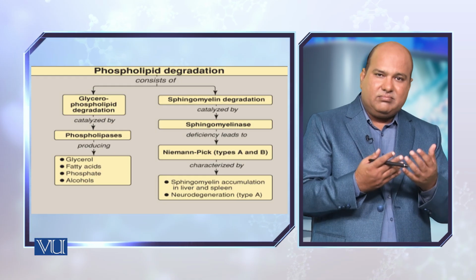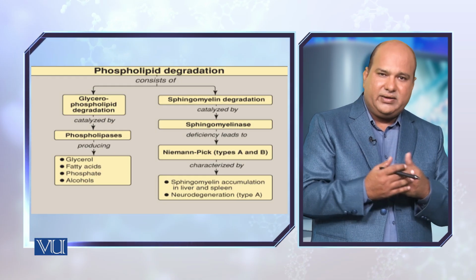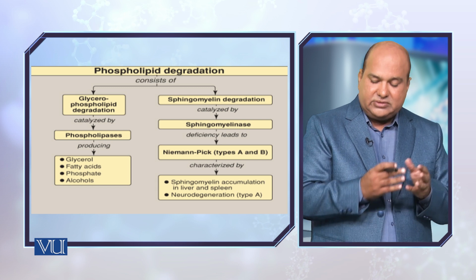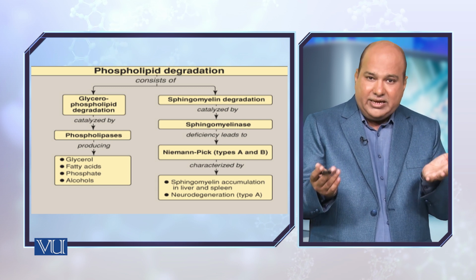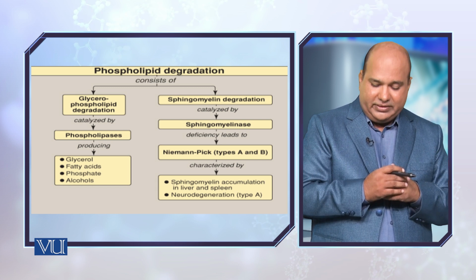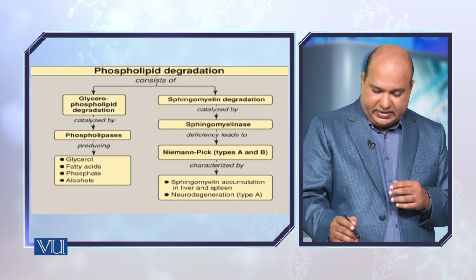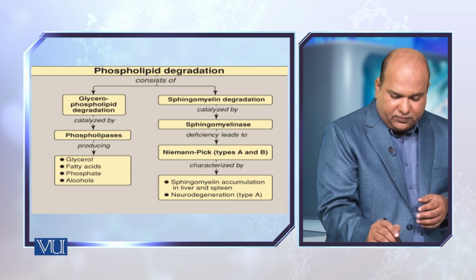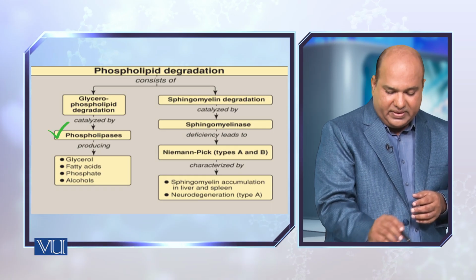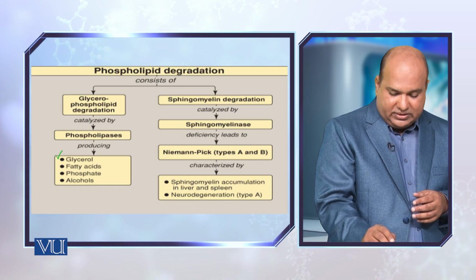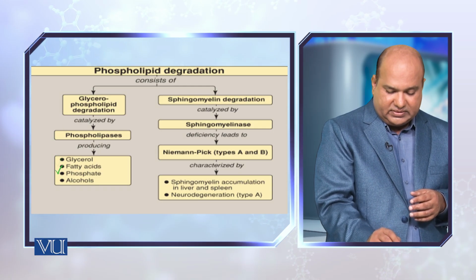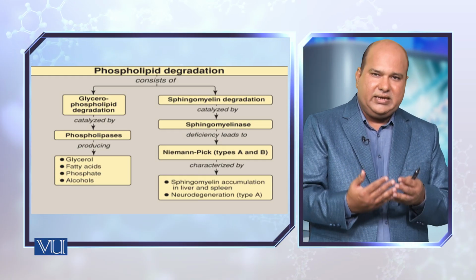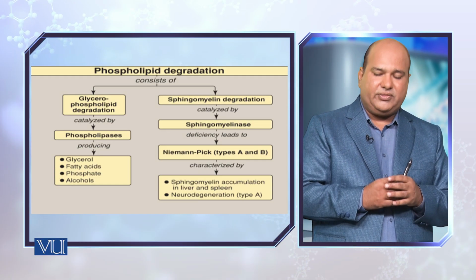Any failure in the degradation of sphingomyelin can cause neurodegenerative problems like Niemann-Pick disease. Similarly, glycerophospholipids are degraded by phospholipases, giving rise to glycerol, fatty acids, phosphates, and alcohols, which are then further used in other metabolic pathways.